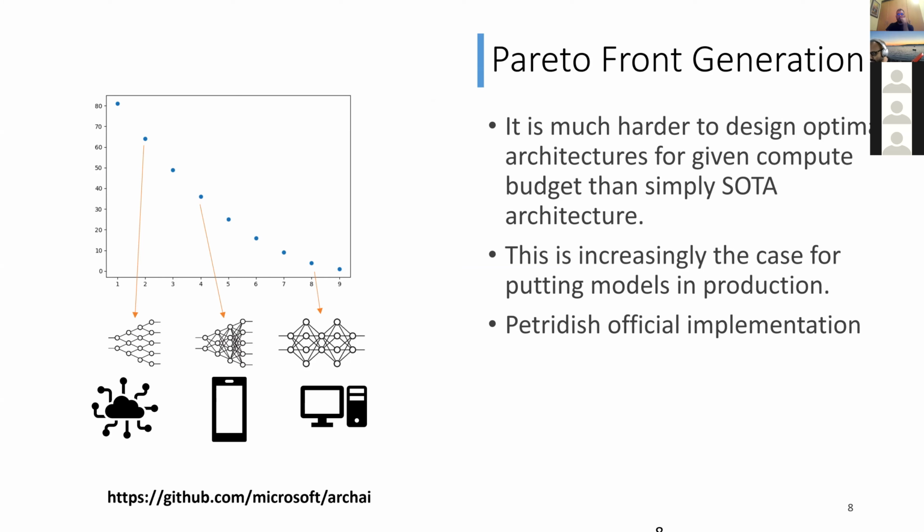But I think what is more important in the real world is Pareto frontier generation. In the real world, you have constraints: I want to deploy my model on a server or a phone, and depending on that, I have very strict constraints on maybe number of parameters, FLOPs, latency, power consumption, and all kinds of things. So you have to have this Pareto frontier generation where, once a constraint is specified, you want to generate the best model for that constraint. This is a much harder problem and actually more useful in the real world.